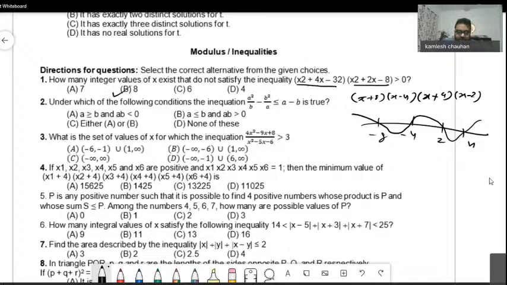Solving question number 2. The common mistake people make when solving this type of question is this: if you see a cube minus b cube in the numerator and a minus b on the right hand side, you cannot cancel out a minus b. If you cancel out a minus b, that means you are assuming a is equal to b. So keep that in mind, you cannot directly cancel out.